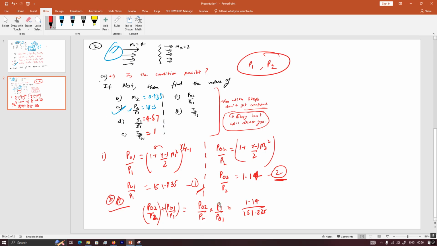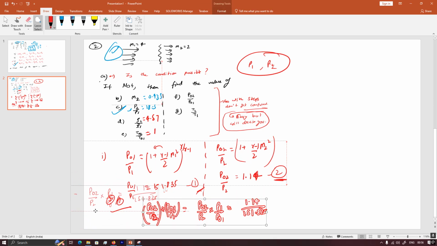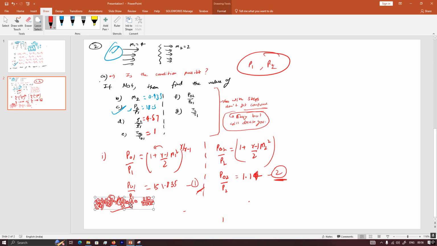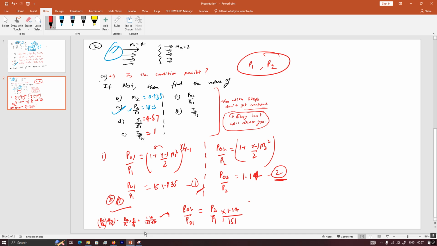Let's just send these things to the right hand side. I'll just shift these things here, make it smaller. So now, P02 by P01, and other things I'll send to the right hand side, will be equal to P2 by P1 into 1.14 upon 151.835.